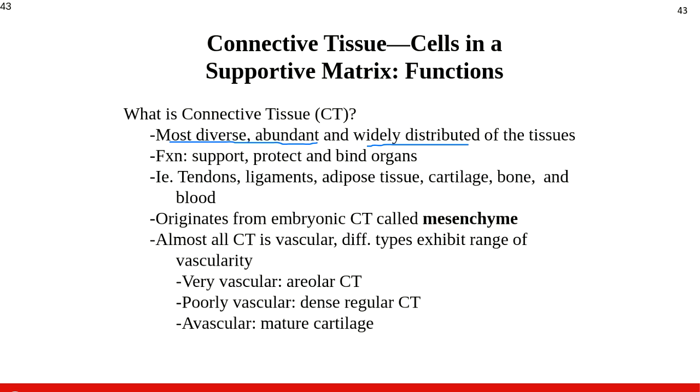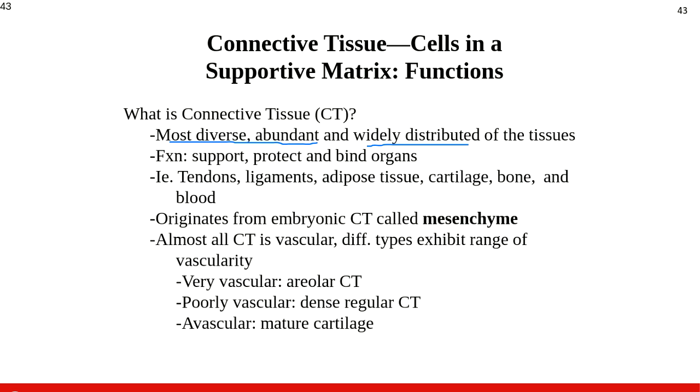And of course, it has several functions. Support, also protection, helps to bind organs. When we talk about the different types of connective tissue, you've got connective tissue proper, then supporting connective tissue and fluid connective tissue. They have many different functions.